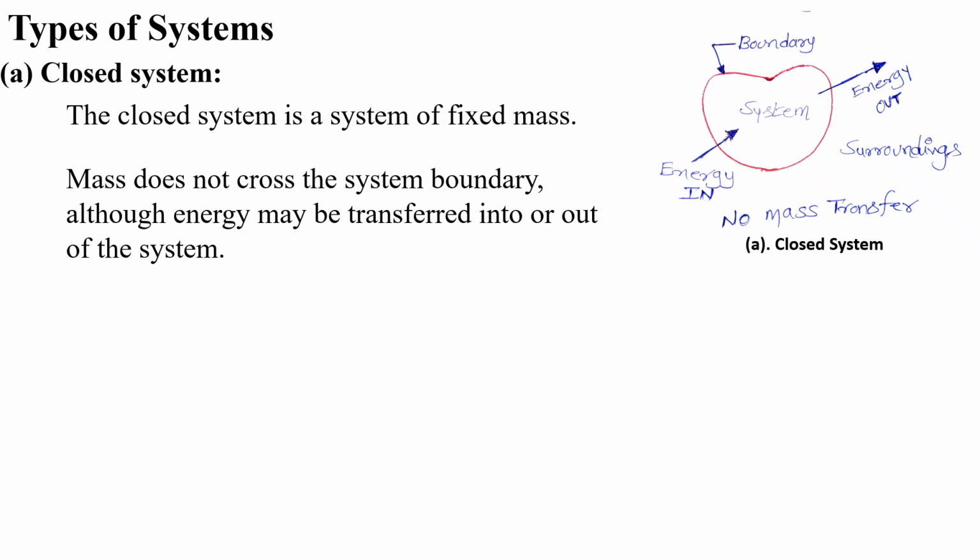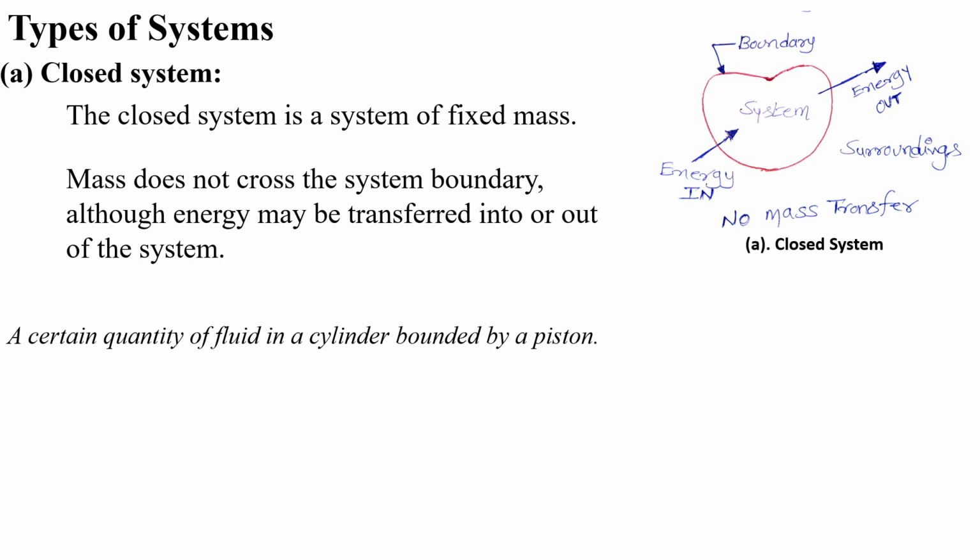So this is the schematic representation of the closed system. Here the system consists of a fixed mass, and this mass does not cross the boundary. But energy is transferred into the system or out of the system.